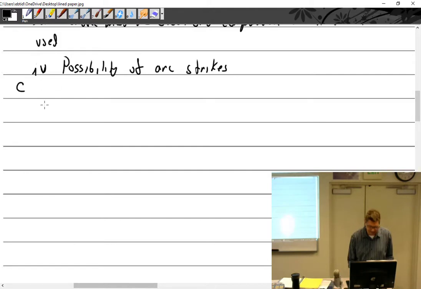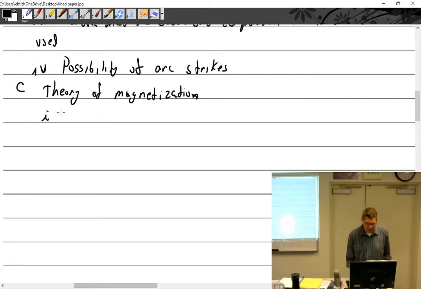All right, let's see, theory. Theory of magnetization. Well, we really covered this already, didn't we? And electricity. So I don't have to spend a lot on it, but just to remind you, we'll keep it very simple.